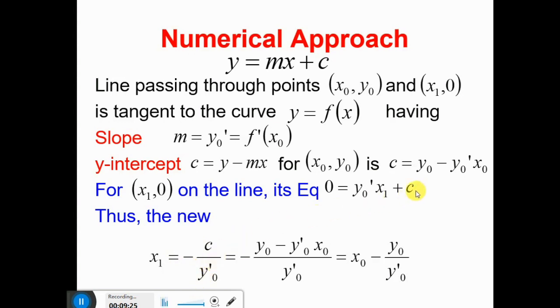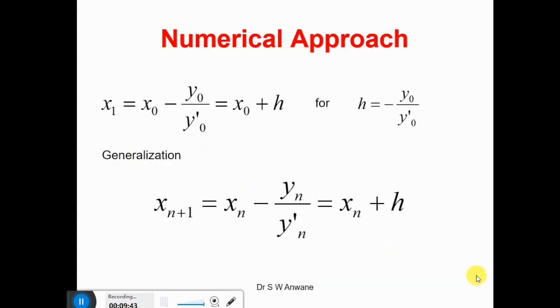Now c is known to us. It is y0 minus y0 dash x0. You can substitute the value of c and just simplify the equation so that x1 is equal to x0 minus y0 upon y0 dash. Friends, this is a very important equation and we are almost done.